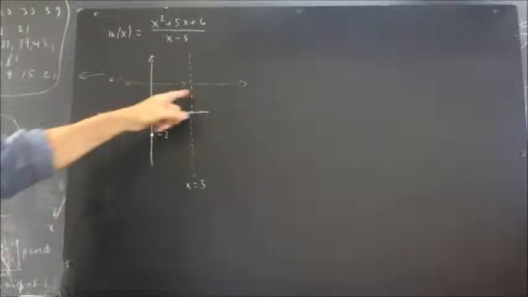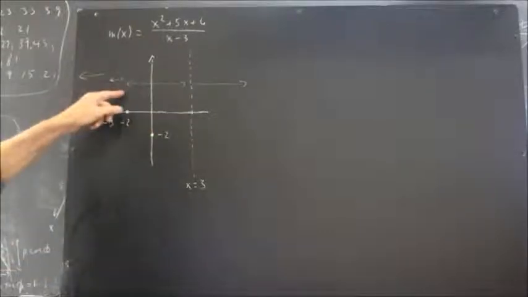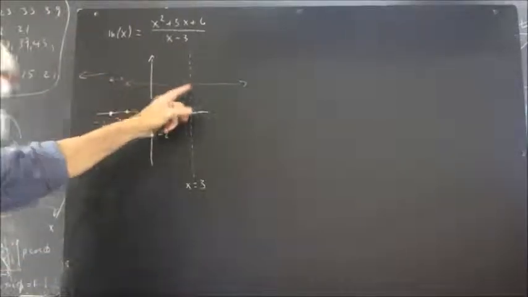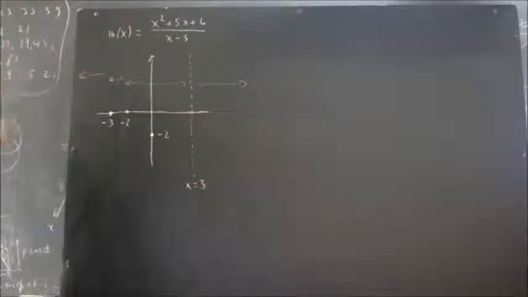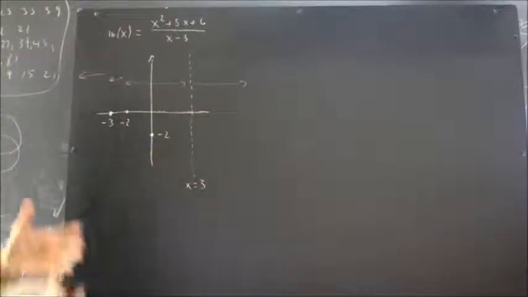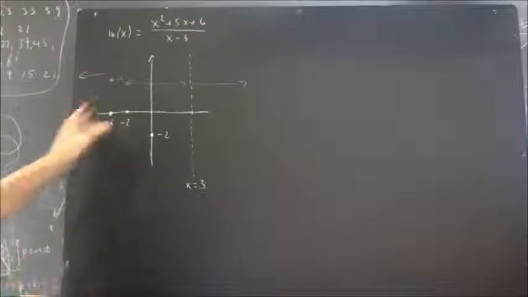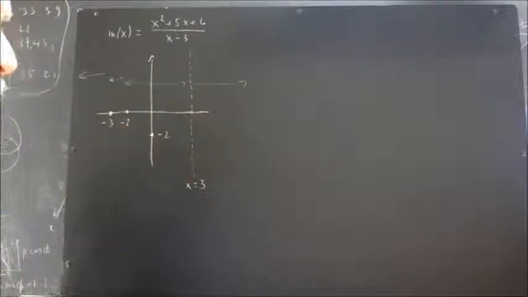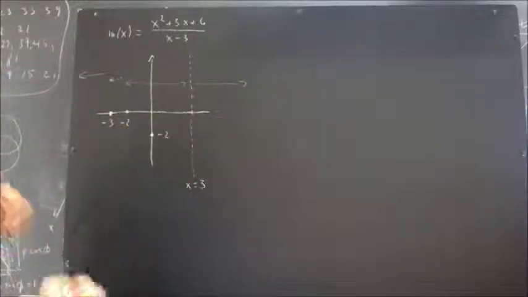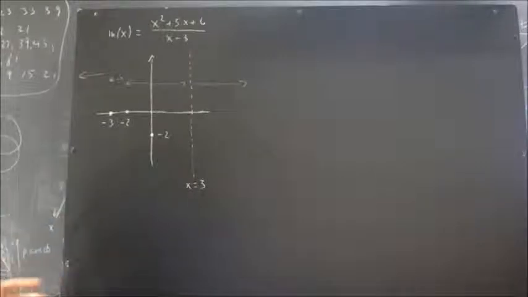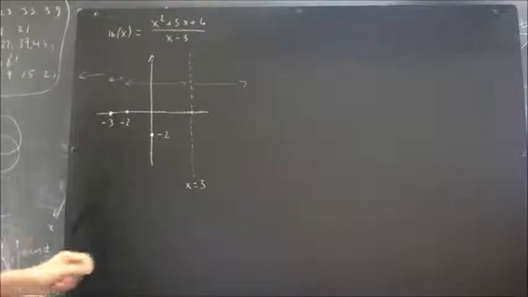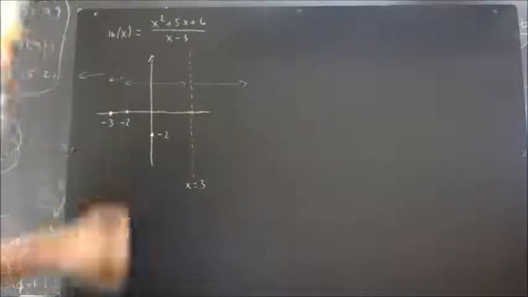So everywhere in between here and here, here and here, or to the right of here, or to the left of here, the function on each of those four regions will have the same sign. It'll be positive in some, it'll be negative in others, but in any one of those regions, it's going to have the same sign. In each region, the sign is unchanging.